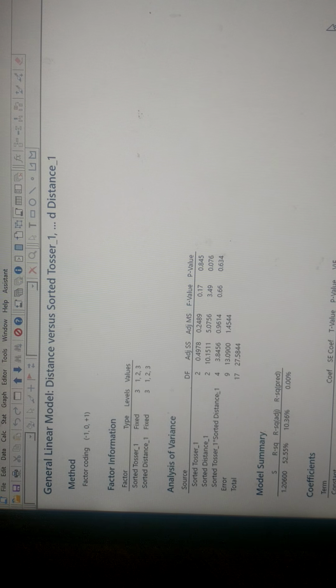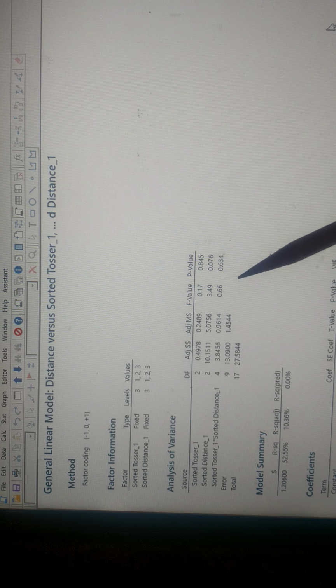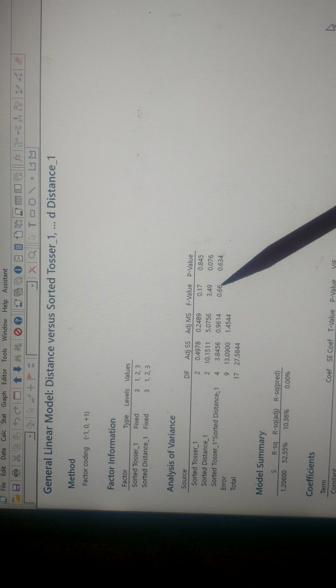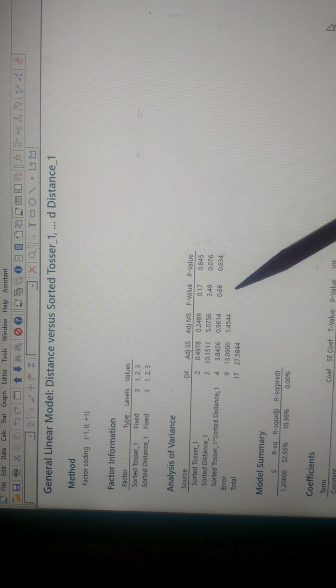We're going to focus in on the analysis of variance part of it. This was that weird thing. First, the analysis we did before, we would do the same if we were to think of tosser as a fixed effect. We would test the interaction first, following our same guidelines.